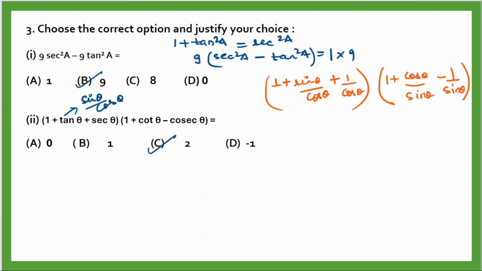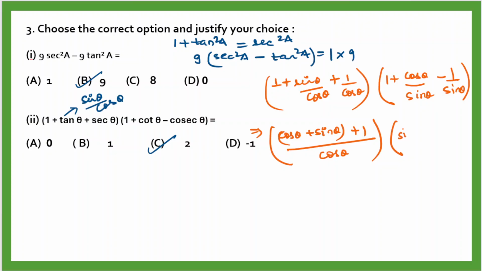Cosec theta is the reciprocal of sin theta. Now you can take LCM, so you can write it as cos theta plus sin theta plus 1 divided by cos theta. And in this bracket you can write sin theta plus cos theta minus 1 divided by sin theta.